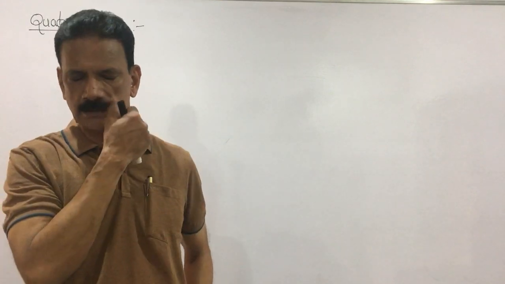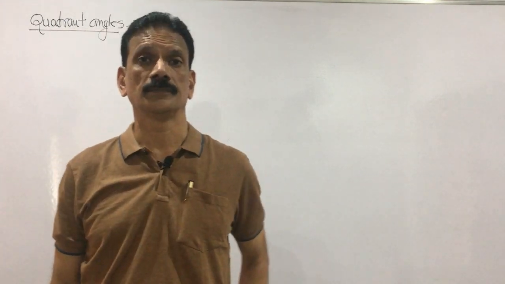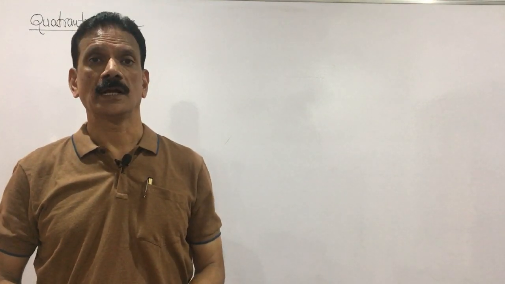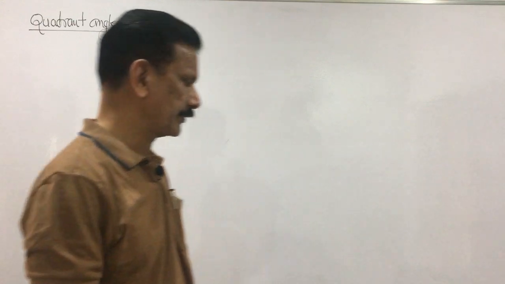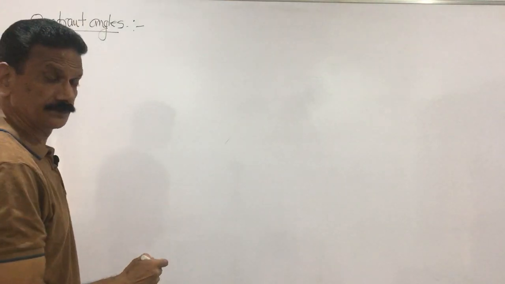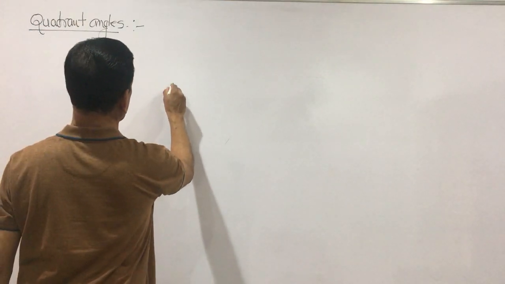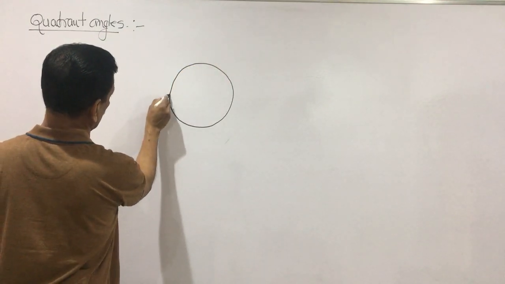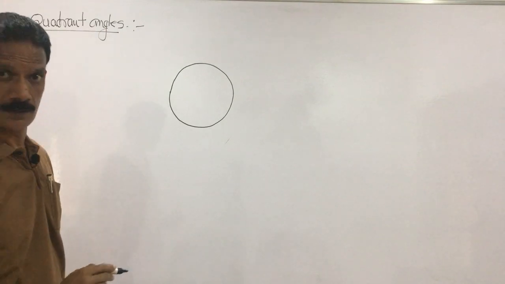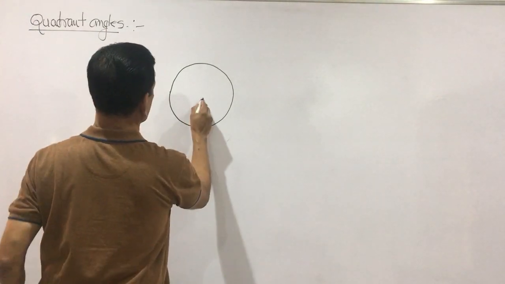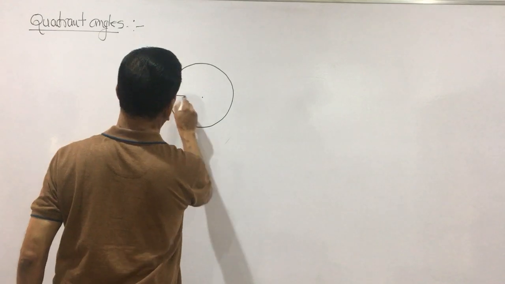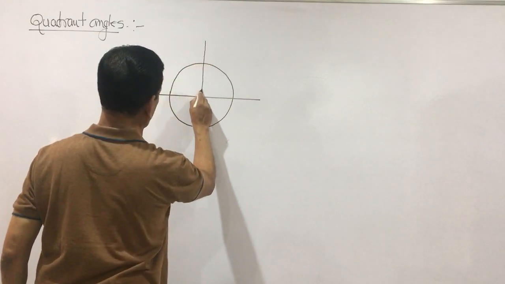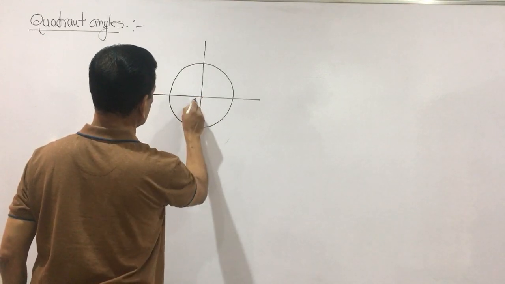In the previous session, you know that we have studied the trigonometric ratios of certain quadrant angles. I hope you remember that one. Here, when we take a circle of unit radius whose center is at the origin, here we have the y axis and x axis, and here is the origin.